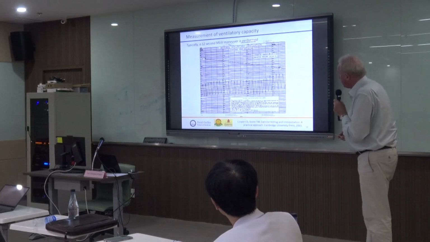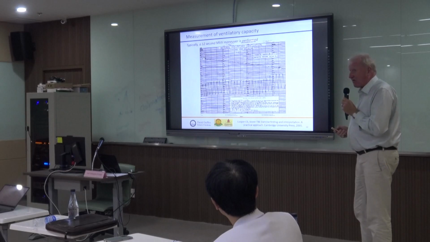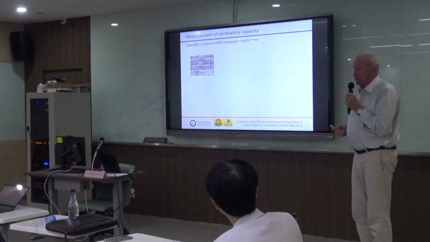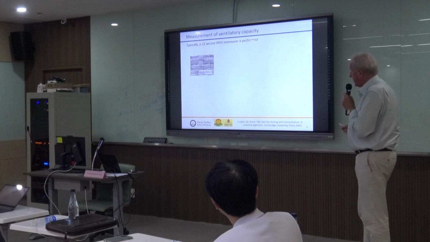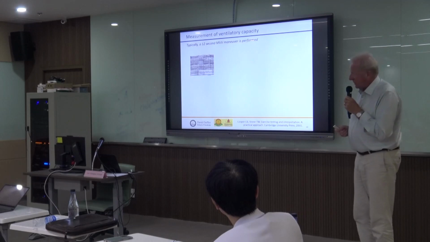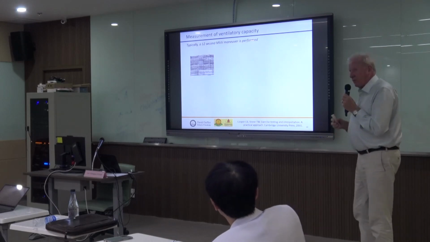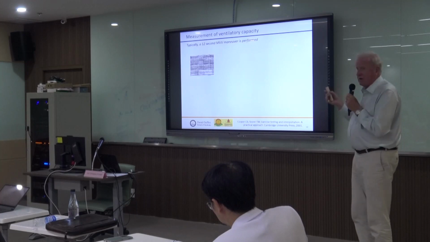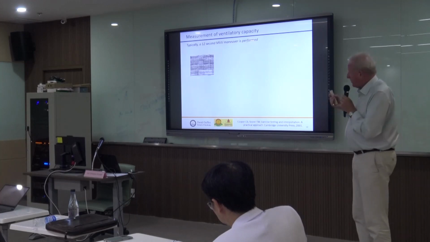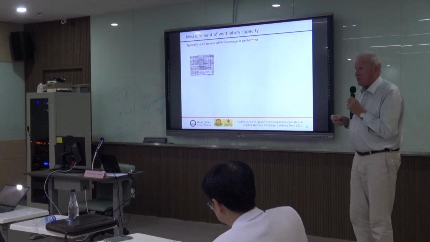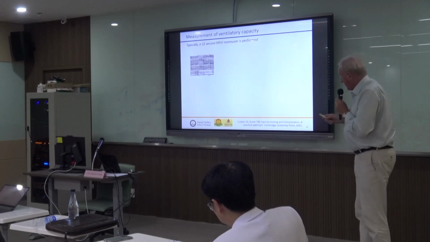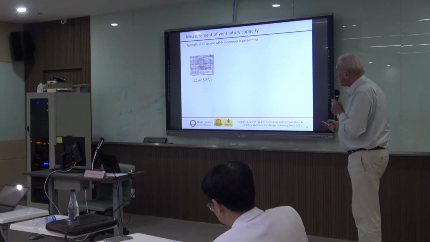Now, it's of interest to know what is the maximum ventilation that an individual could achieve during a cardiopulmonary exercise test. Well, it's difficult to measure. At rest, we can do this by doing a maximum voluntary ventilation maneuver. It's simple spirometry, where the patient is asked to breathe as deeply and fast as possible, just for 12 seconds.